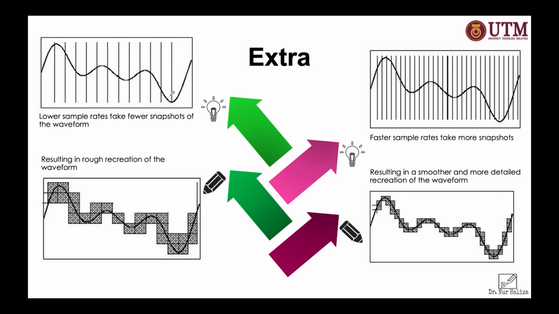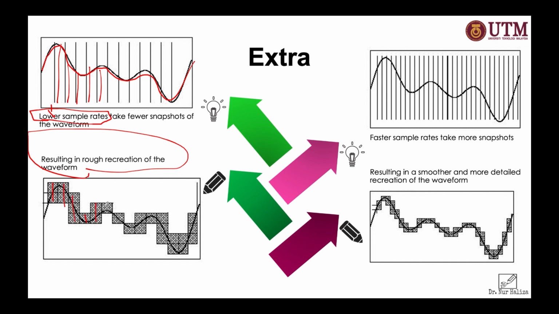Let's say you take this one with a lower sample rate, and you take only lower samples, this is the sampling for your digital, and this line is your analog. So the result of your sampling is like this. You have this digital signal.